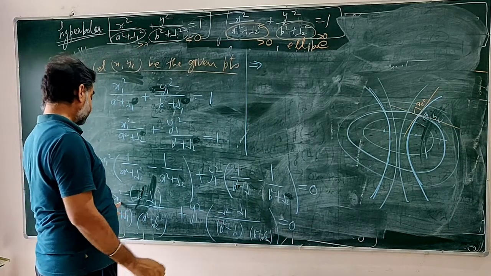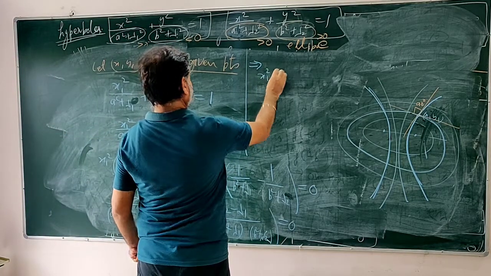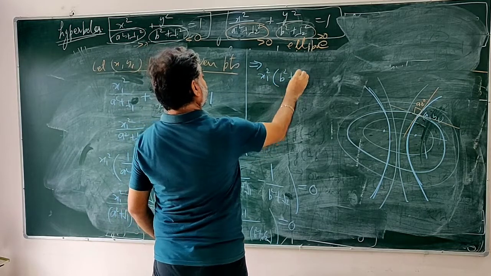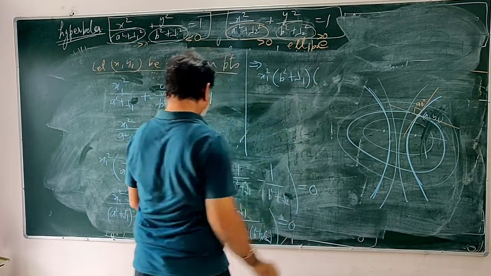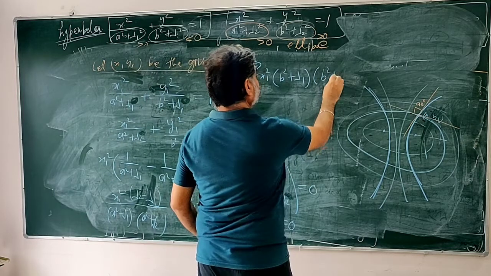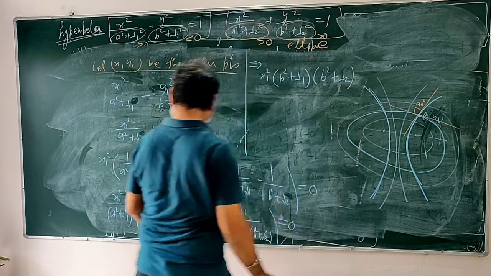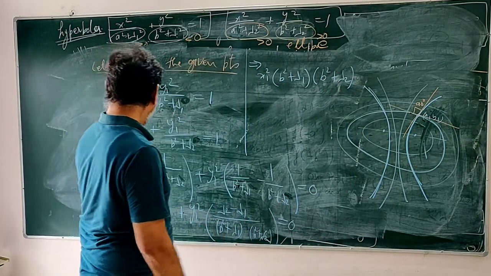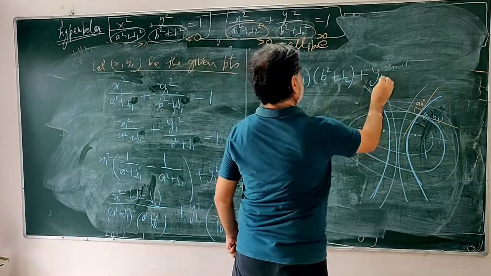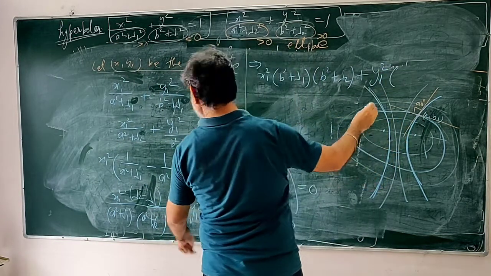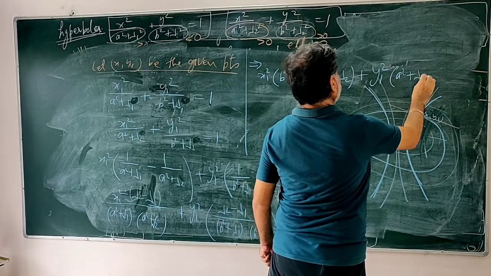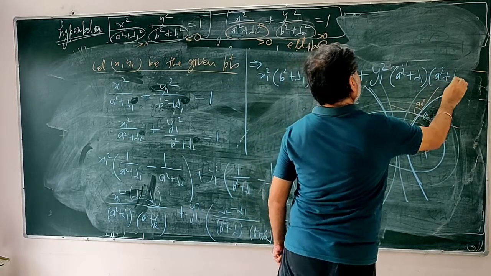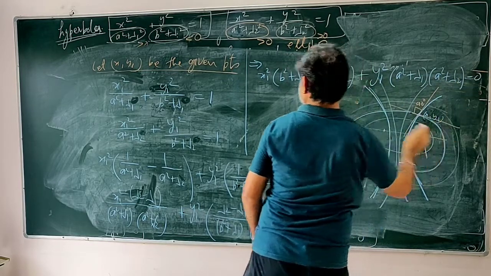So this gives you x1 square into b square plus lambda 1 into b square plus lambda 2, plus y1 square into a square plus lambda 1 into a square plus lambda 2, equal to 0.